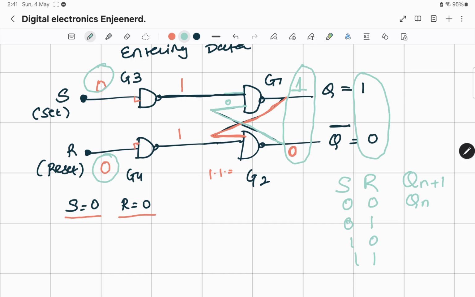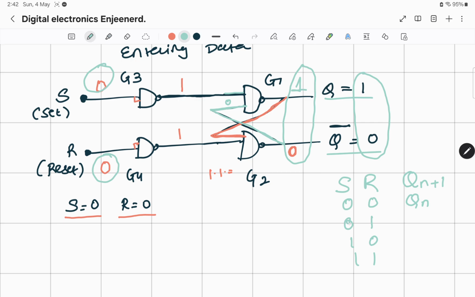I hope the first one is clear with 0, 0 as the input, and we are considering any random initial state. I could imagine Q to be 0 and Q bar to be 1, so I will have my output as 0 at G1 and 1 at G2. Whatever the state initially, when I apply 0, 0 at S and R, the output in the next state remains the same. There is no change.